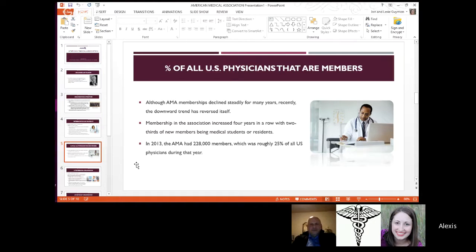And 2/3 of the new members that they are enrolling are medical students or residents. And in 2013, the American Medical Association had 228,000 members, which was roughly about 25% of U.S. physicians during that year.